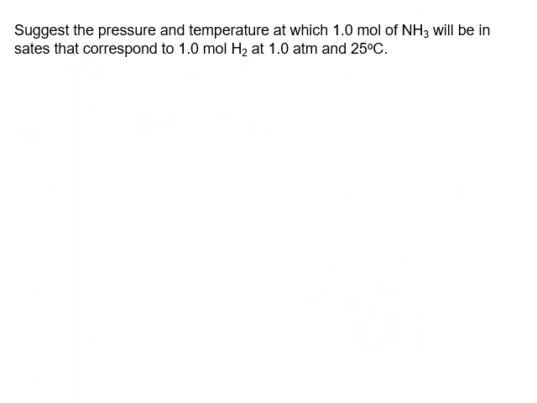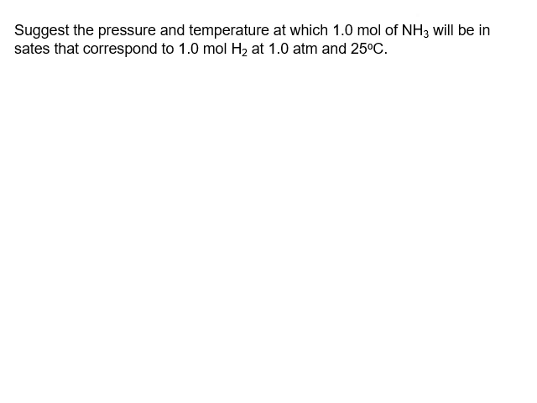Last question. Suggest the pressure and the temperature at which 1 mole of ammonia will be in a state that corresponds to 1 mole of hydrogen at 1 atmosphere and 25 degrees. So we know the state of hydrogen. We want to know the pressure and temperature for ammonia to be in the corresponding state.